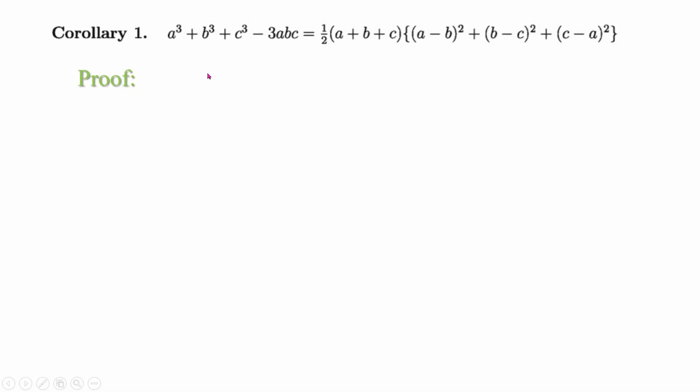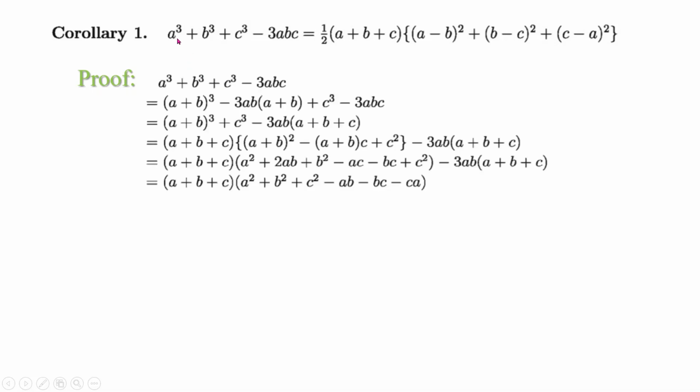We get from the previous formula that a cube plus b cube plus c cube minus thrice abc equals a plus b plus c into a square plus b square plus c square minus ab minus bc minus ca.